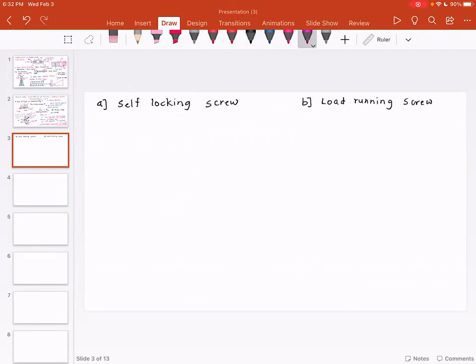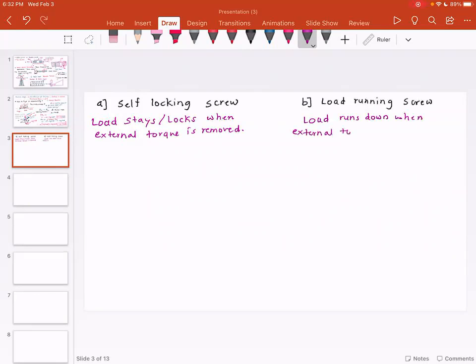Self-locking screw means the load stays or locks when the external torque is removed, and load running screw means the load runs down when the external torque is removed.